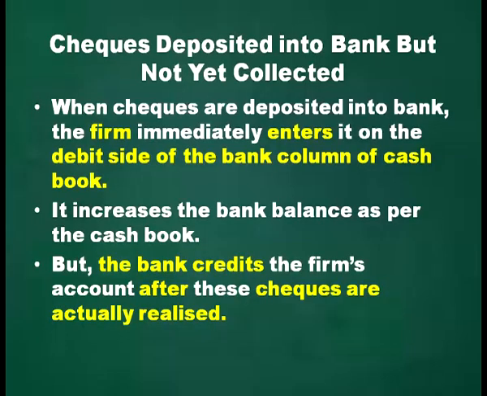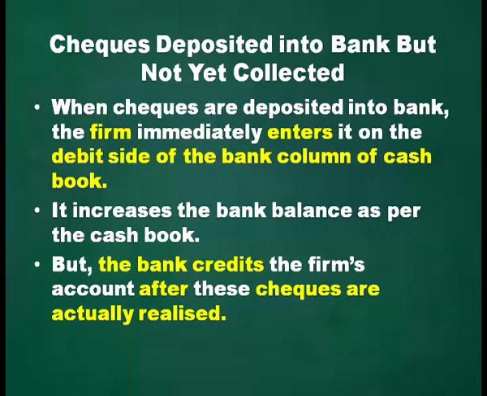Next is the check deposited but not collected and credited by the bank. When checks are deposited into bank, the firm immediately enters it on the debit side of the bank column of the cash book. That is, it increases the bank balance as per the cash book. Debit side, receipt side, it will show an increase.